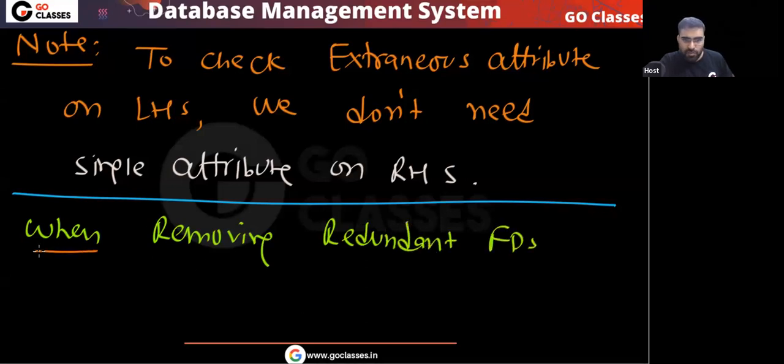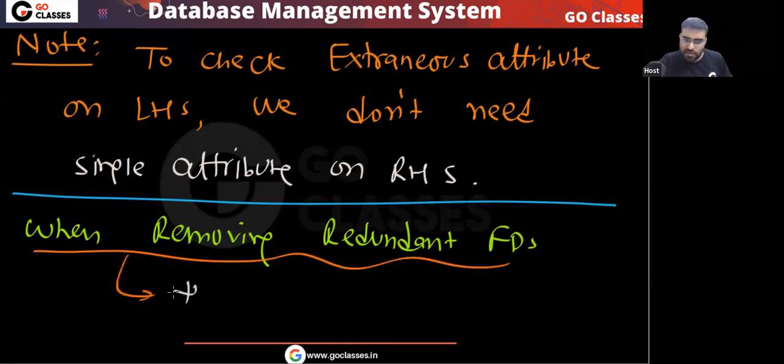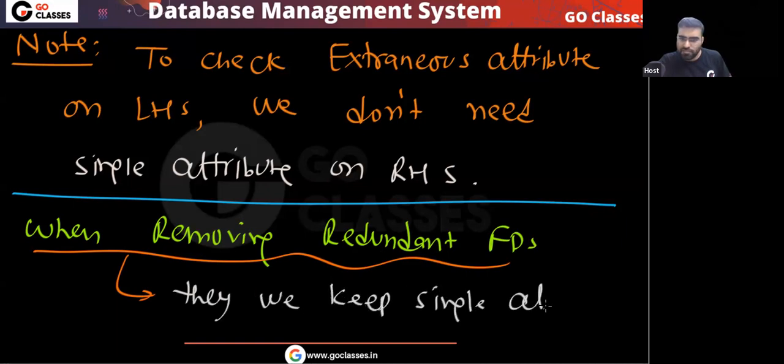Okay. So when you are removing redundant FDs, then we need single attribute on RHS. Then we keep single attribute on RHS. Okay, is this clear?